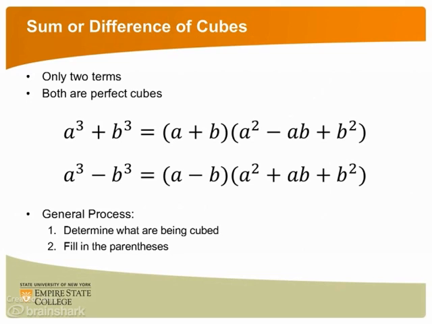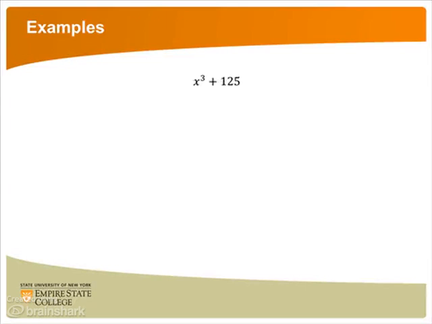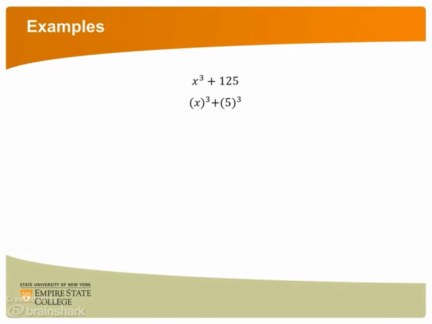Let's look at some examples. Suppose we want to factor x cubed plus 125. We recognize x cubed as x cubed and 125 as 5 cubed. This means we have x cubed plus 5 cubed. Knowing this, we can substitute into the generic factor format.